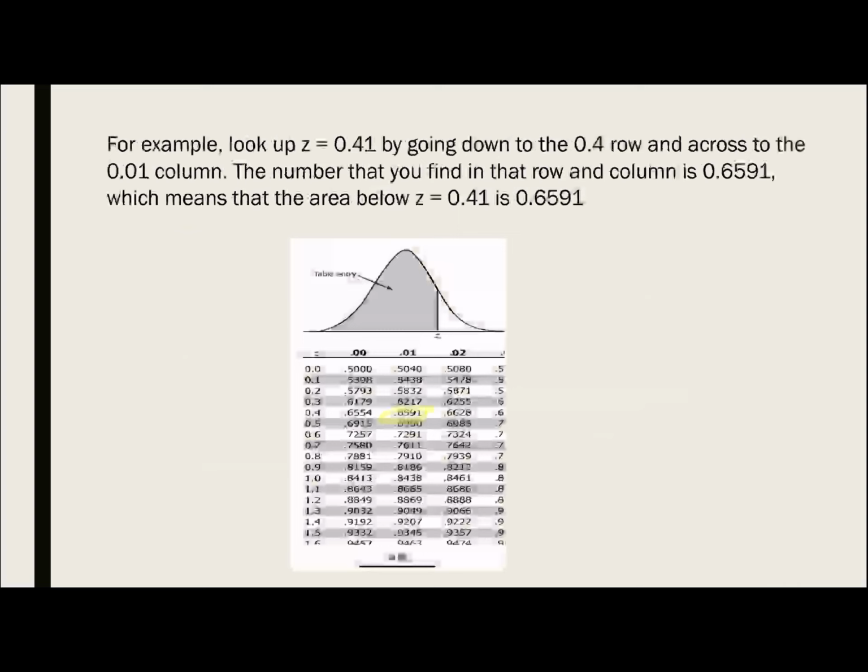The number that you find in the row and column is 0.6591, which means that the area below z equals 0.41 is 0.6591. The shaded area is what that 4-digit number represents. How much of the whole curve is shaded below?